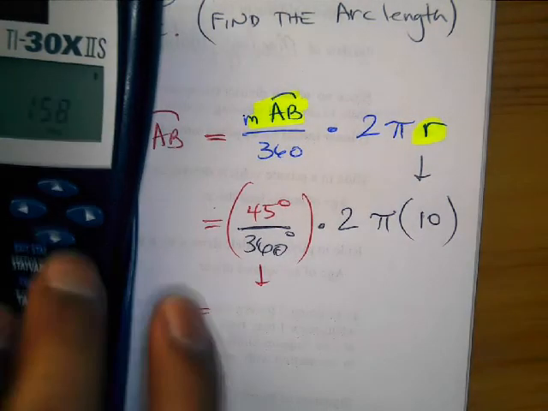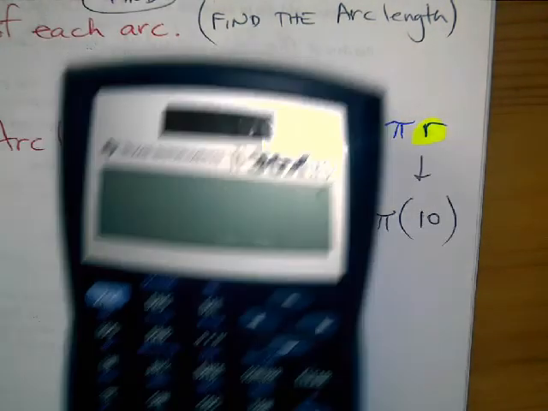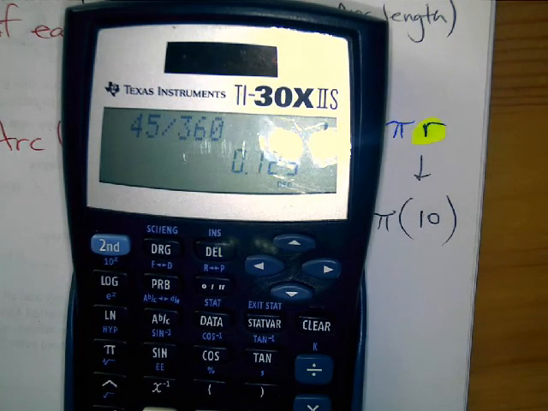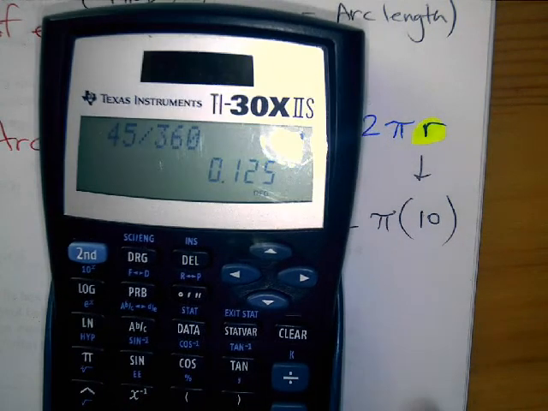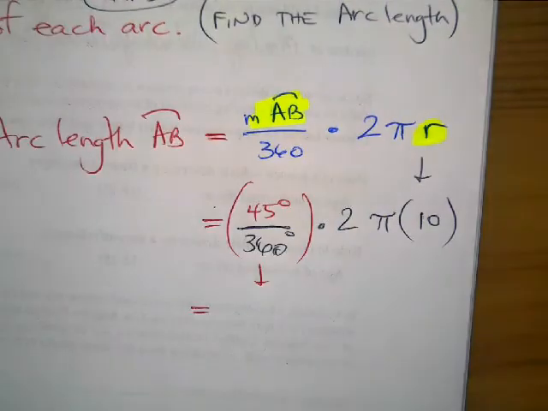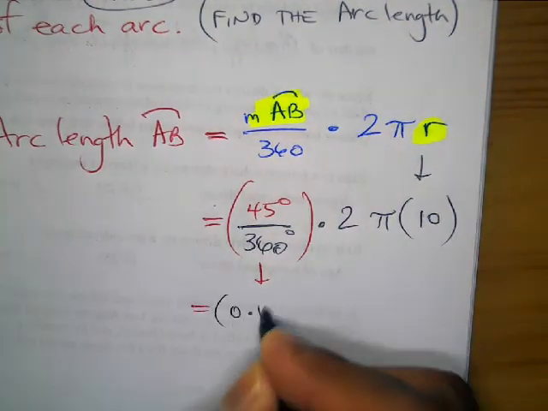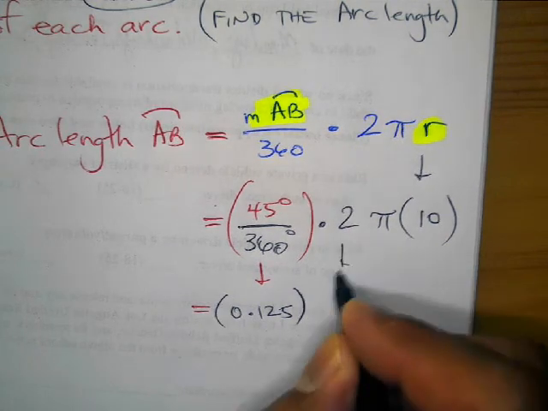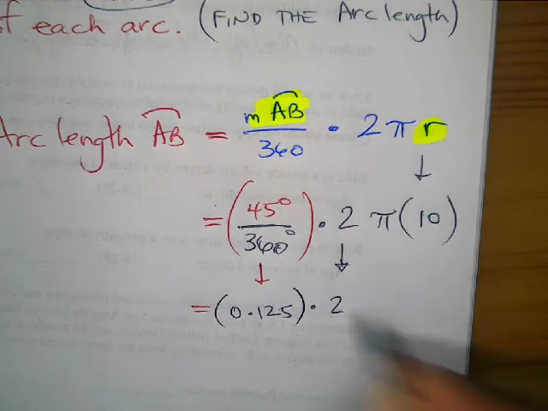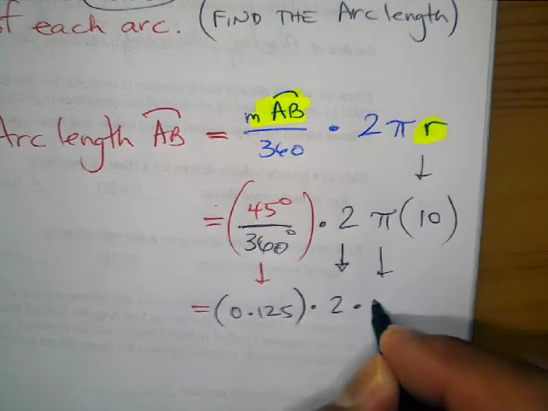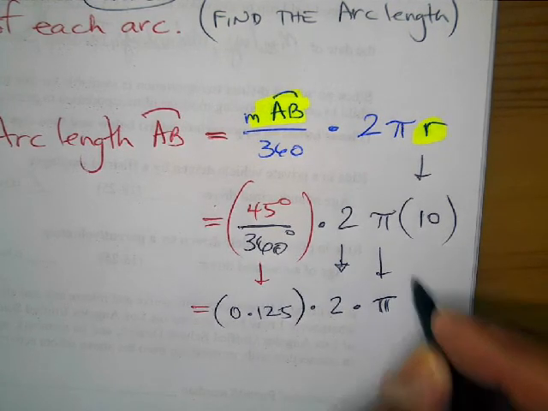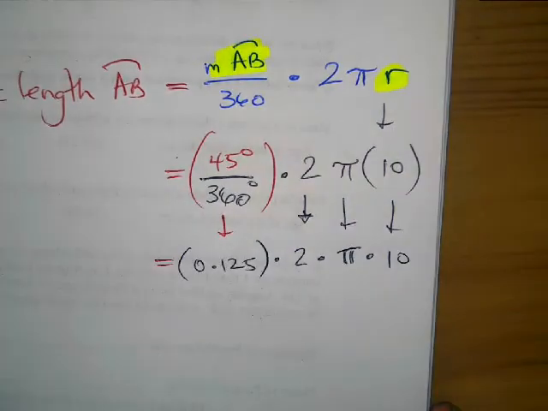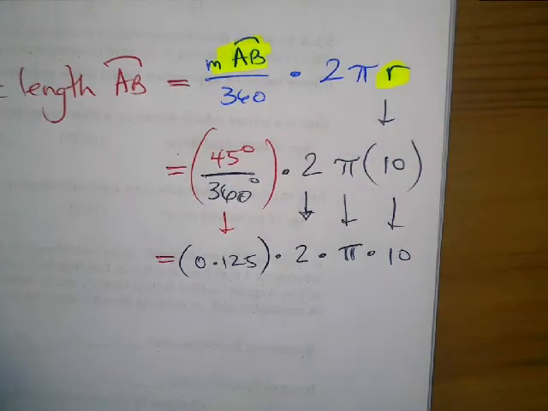I would say you get this first. This is going to be a decimal. So that's going to be 45 divided by 360. 0.125. Okay, let's write that number in. That is 0.125 times 2 times pi times what?